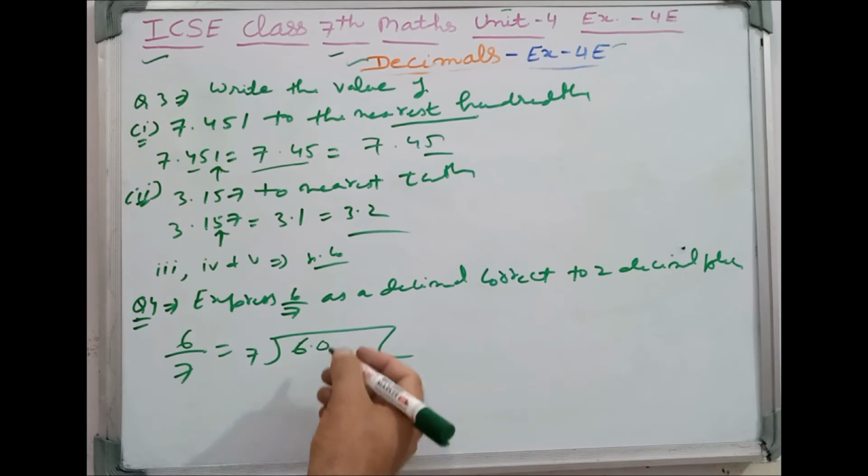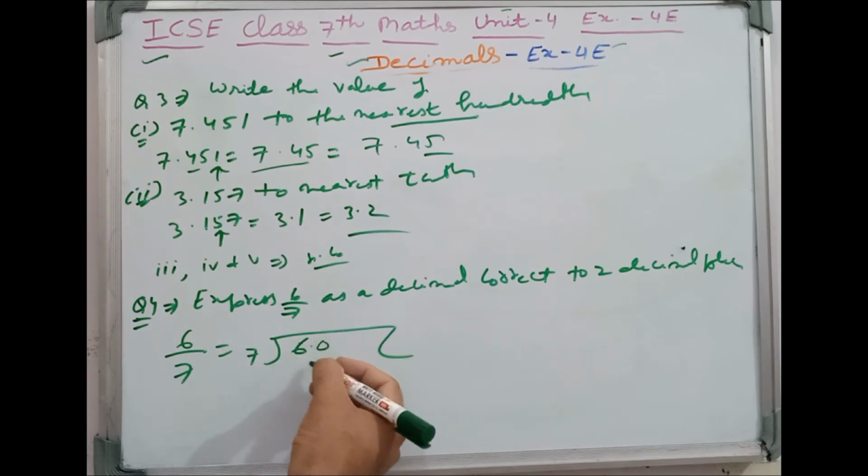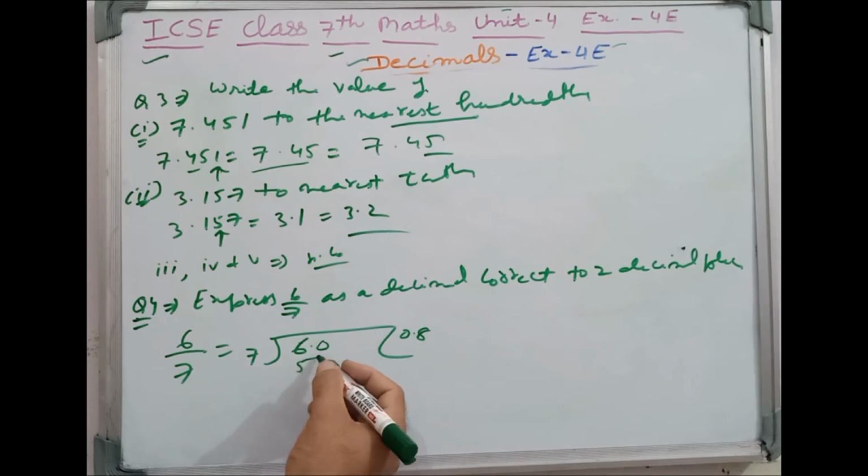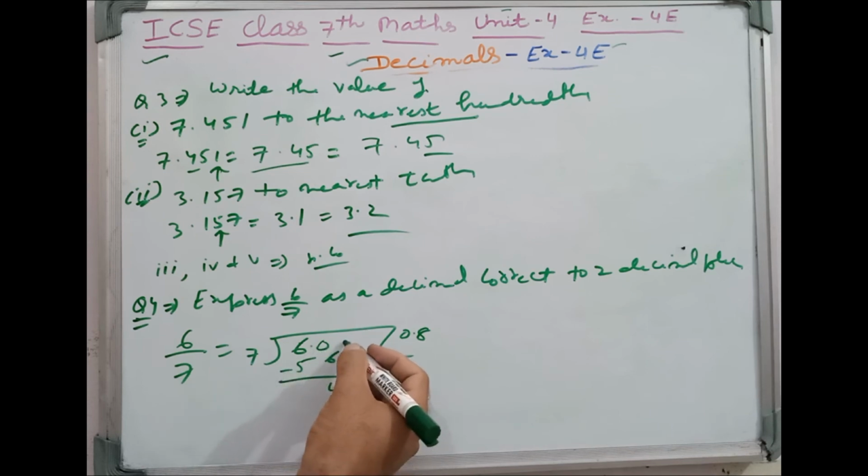As it is in the start, we put 0 and a decimal here. So 7 8s are 56. 4 are remaining. Put 0 to make it bigger.